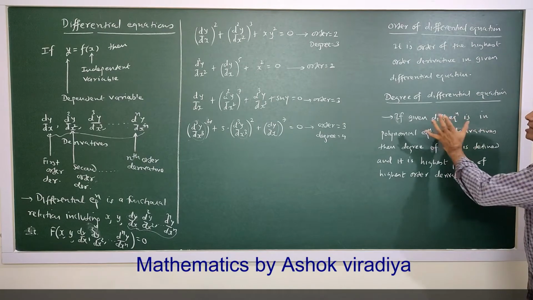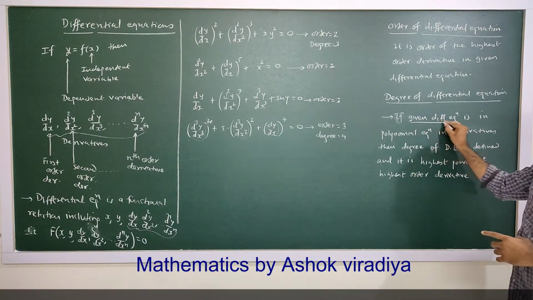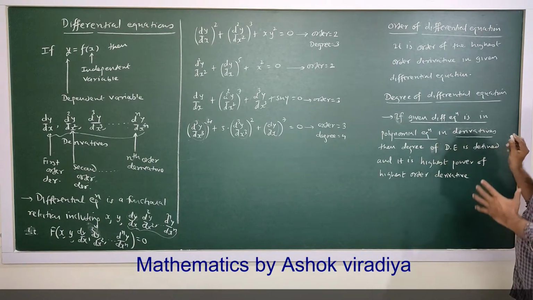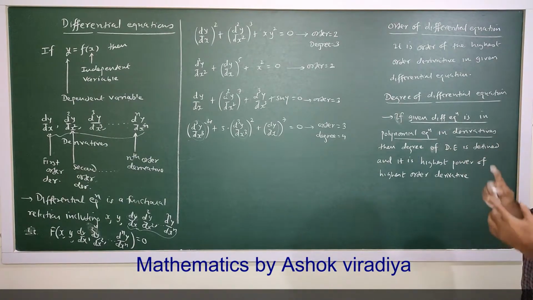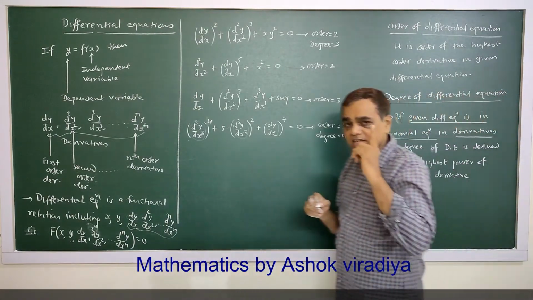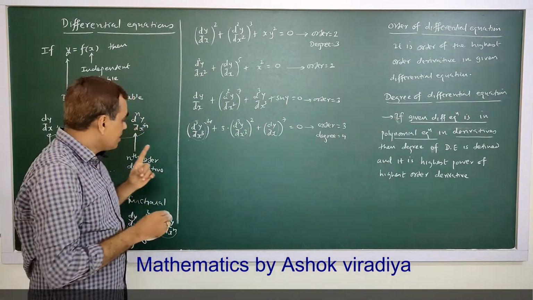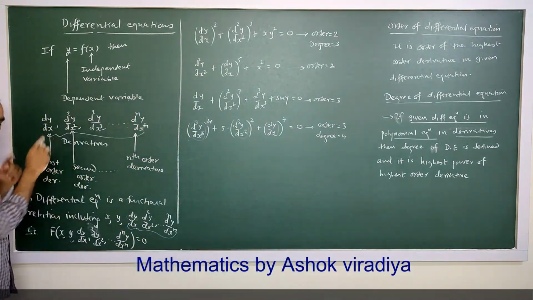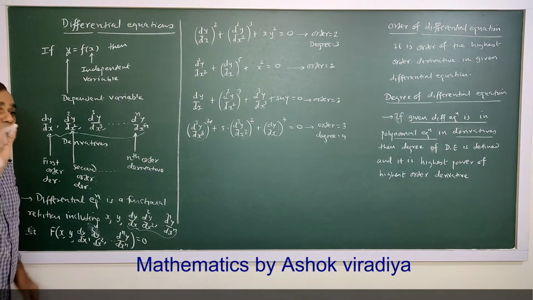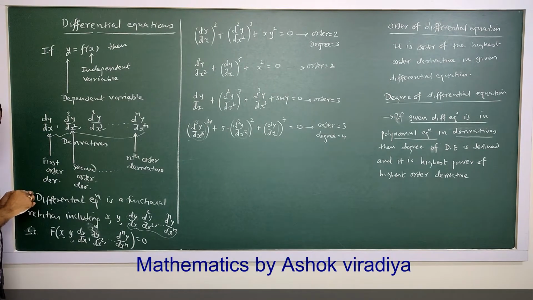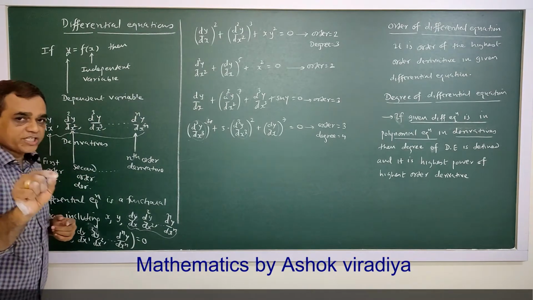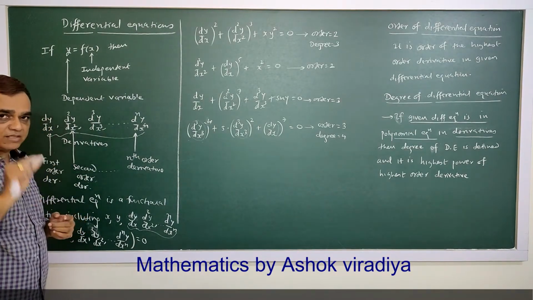But now coming to this condition, the given differential equation must be in polynomial form, polynomial in derivatives. So a polynomial equation in derivatives means that in the equation, wherever these derivatives are given, every such derivative must have a positive integral power.